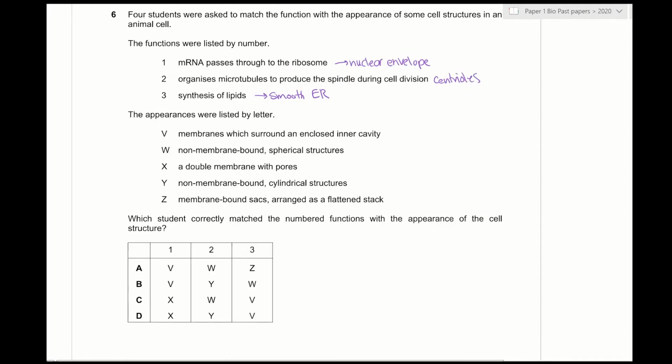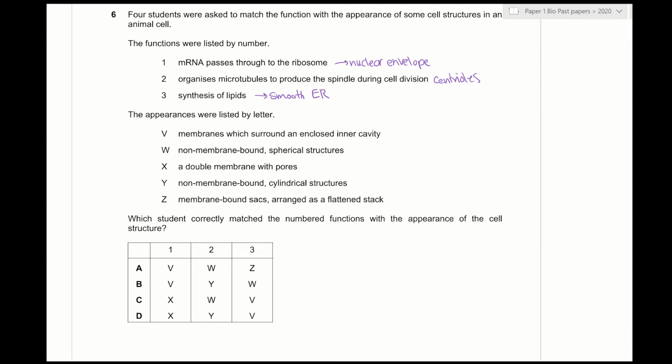4 students were asked to match the function with the appearance of some cell structures in an animal cell. The functions were listed by number. 1. mRNA passes through to the ribosome. As we know, it passes through the nuclear envelope in order to leave the nucleus. 2. Organizes microtubules to produce the spindle during cell division.